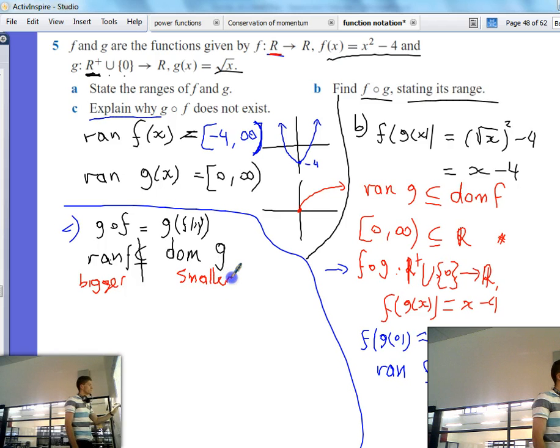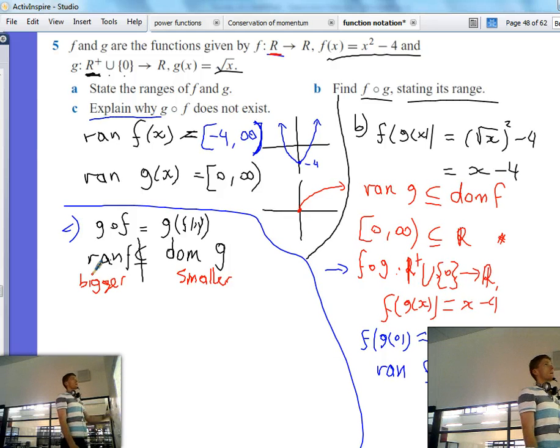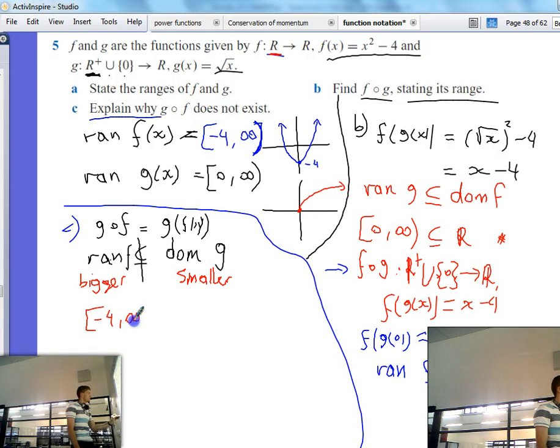The box is too small to put the stuff in. Let's check the range of f, which we worked out before. It goes from negative 4 up to positive infinity.